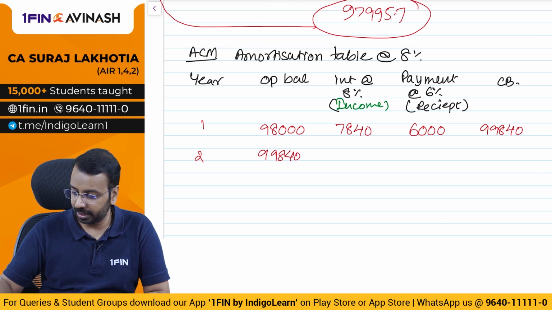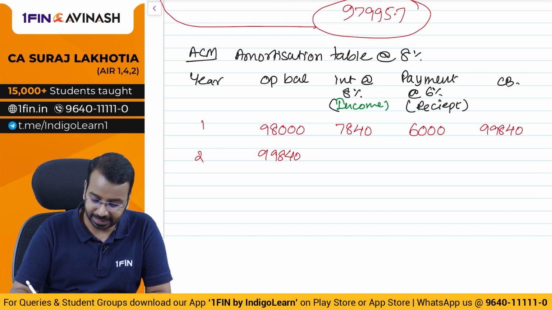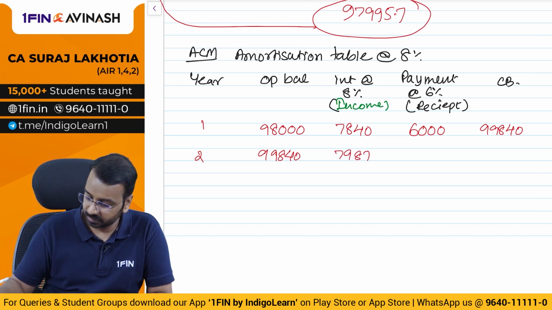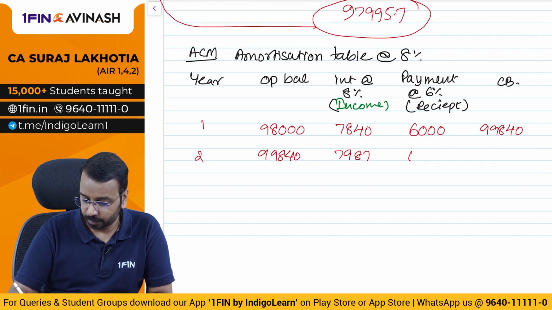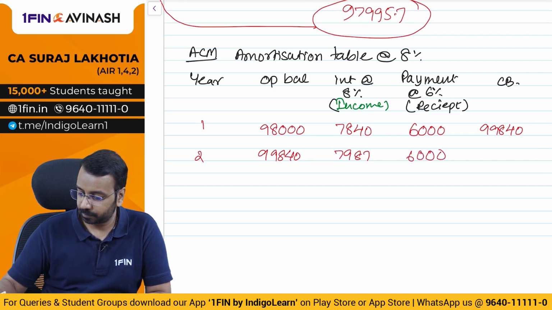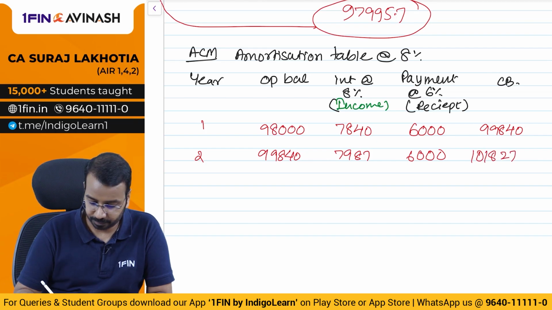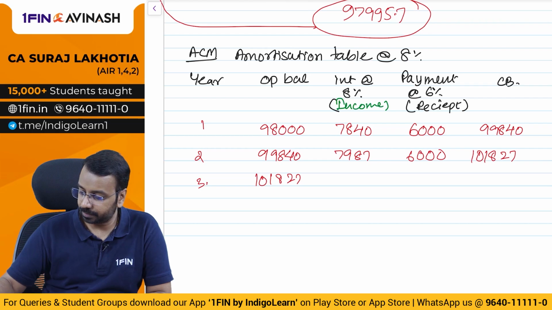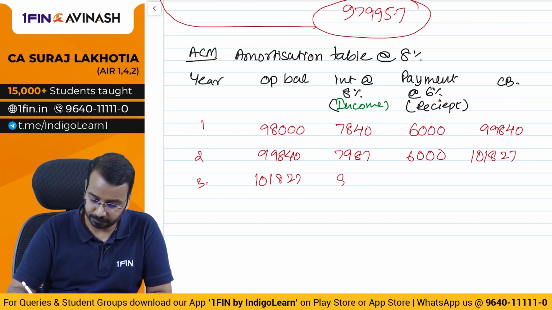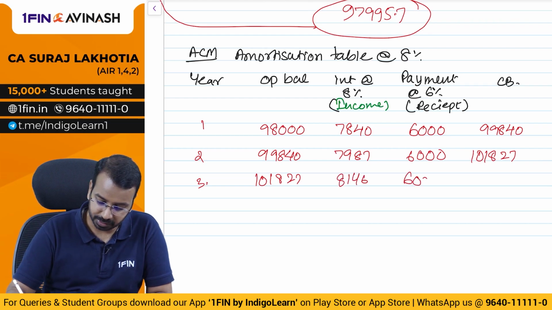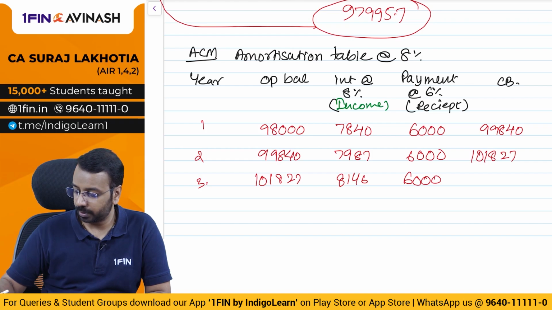Okay. Second year, 99,840 into 8%, 7,987, plus is equal to minus 6,000. You get 101,827. Third year, 101,827 into 8%, 8,146. 6,000 is the payment, plus is equal to minus 6,000.